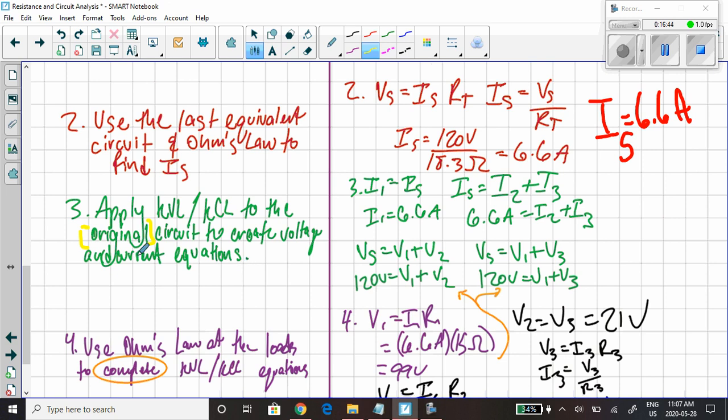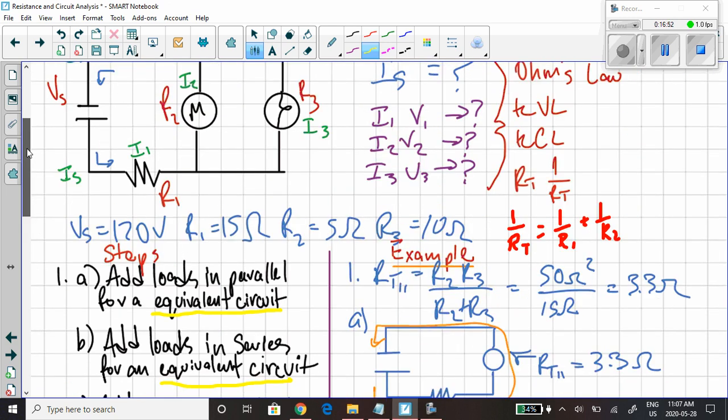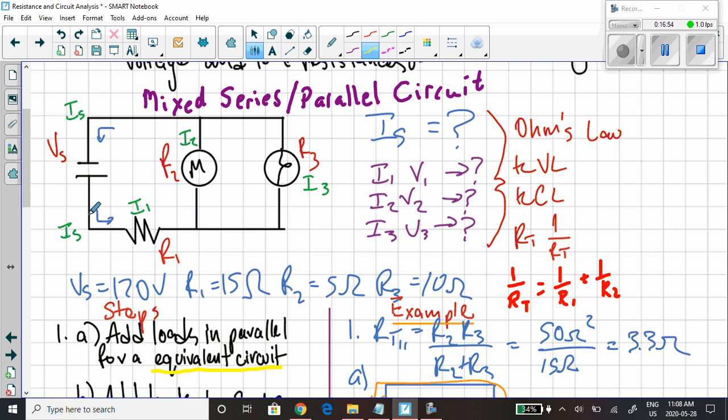So let's deal with Kirchhoff's current law first. Here we go. You've got the current that leaves the source, and then that current goes through the first resistance, the first resistor, the first load right there. Well, the current that left here isn't split up anywhere.